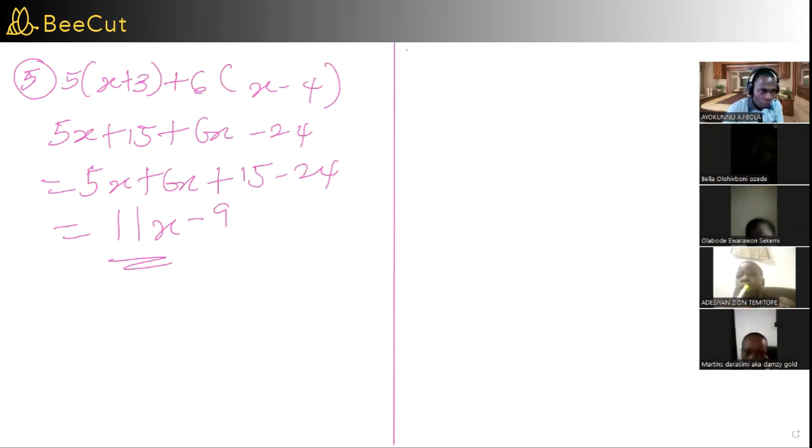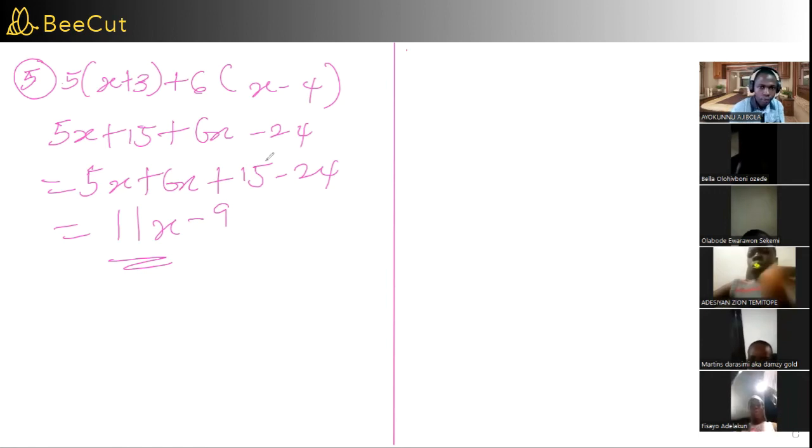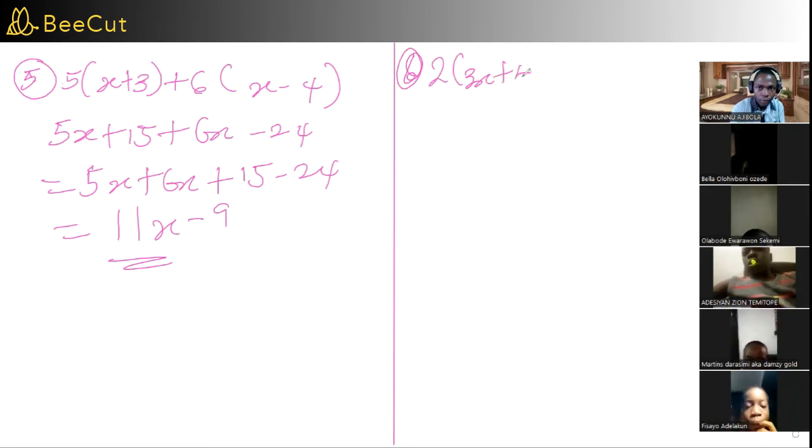We have to expand and simplify. So here it is: 2 into 3x plus 4y, then we have another bracket there, plus 3 into 5x plus 2y.